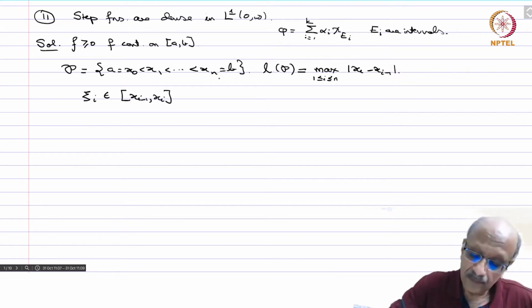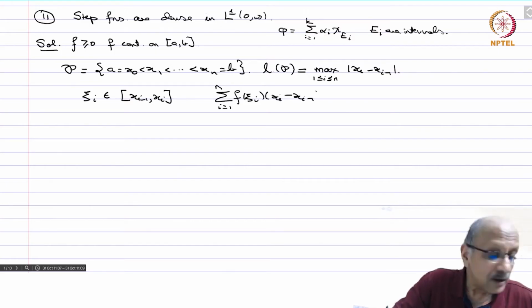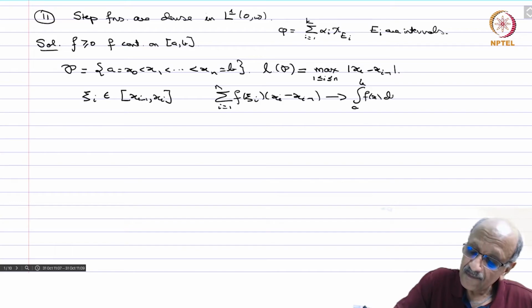Then you have that if xi_i is a point in [x_{i-1}, x_i], then the Riemann sum, sigma i equals 1 to n of f(xi_i) times (x_i minus x_{i-1}), converges to the integral from a to b of f(x) dx.